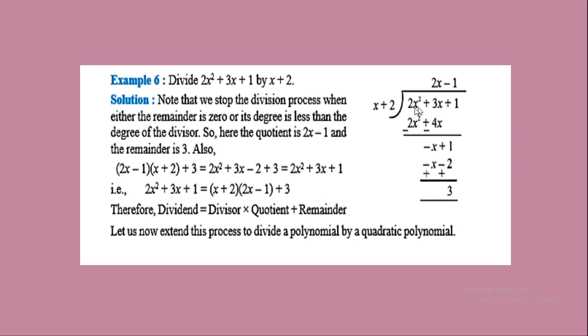From this division, the dividend is equal to the product of the divisor and the quotient plus the remainder, that is, 2x square plus 3x plus 1 is equal to x plus 2 into 2x minus 1 plus the remainder 3. That is, the dividend is always equal to the divisor into quotient plus the remainder.